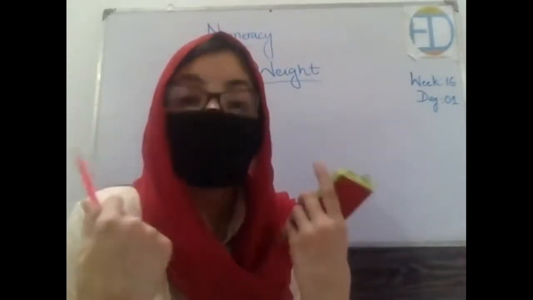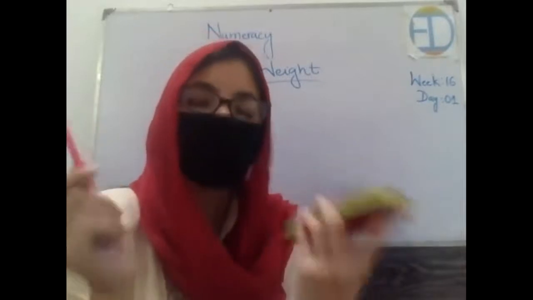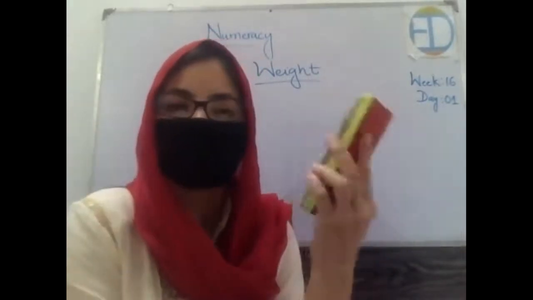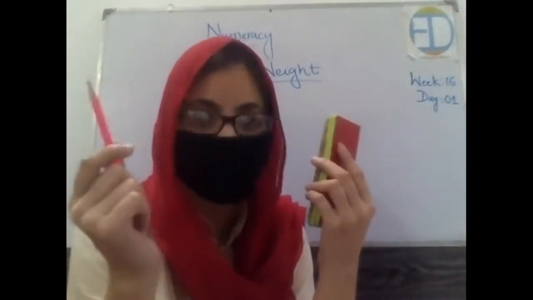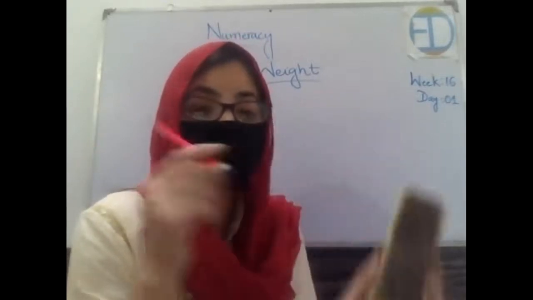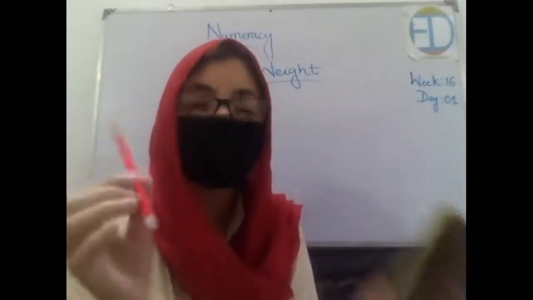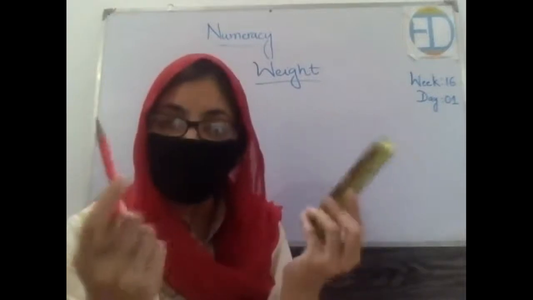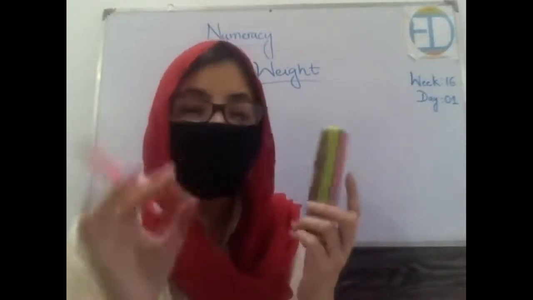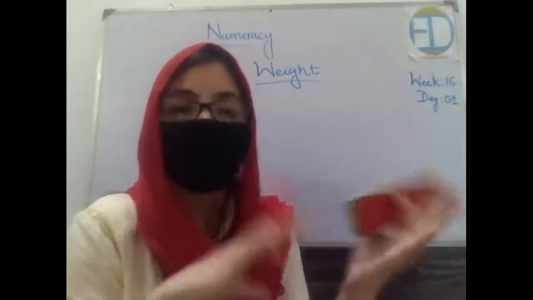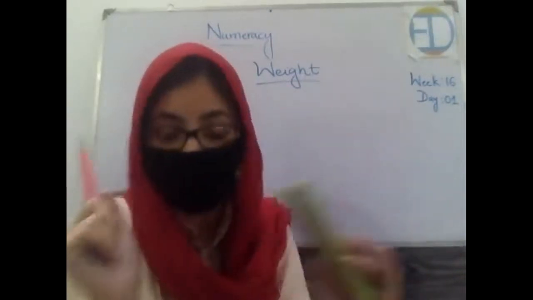The weight of an object. The weight of an object basically tells us that this object is heavier and this one is lighter, or this one has more weight and this one has less weight, right? So on the basis of the weight, on the basis of this measurement, we tell that an object is heavier or lighter. Okay, so now let's define weight.